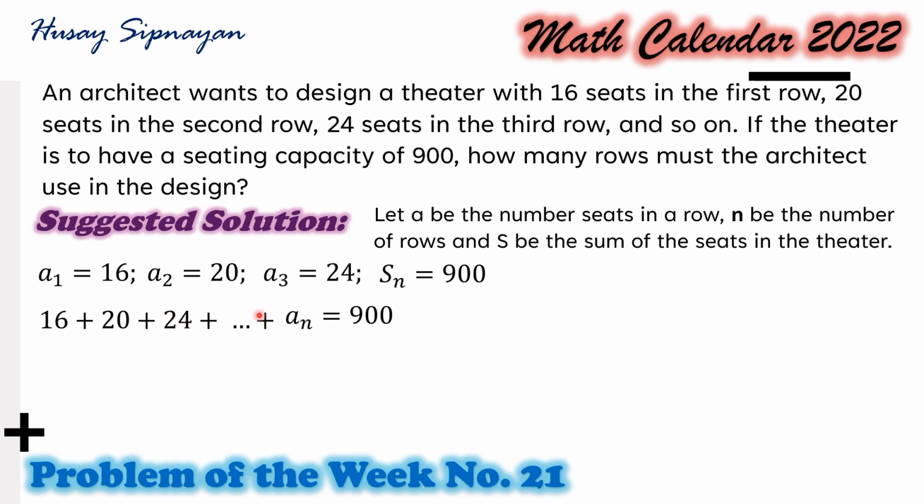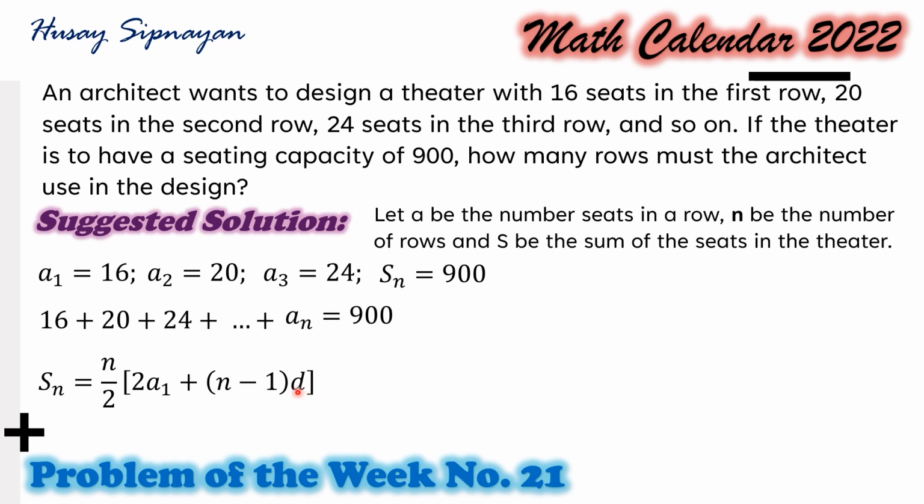For an arithmetic series, we can have the formula for the sum of the partial terms as S sub n is equal to n over 2 times the quantity 2a sub 1 plus n minus 1 times d. In here, S sub n is the sum of the terms in the arithmetic series, n is the number of terms, a sub 1 is the first term, and d is the common difference.